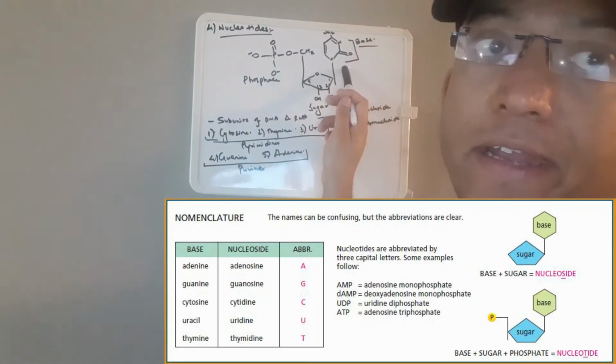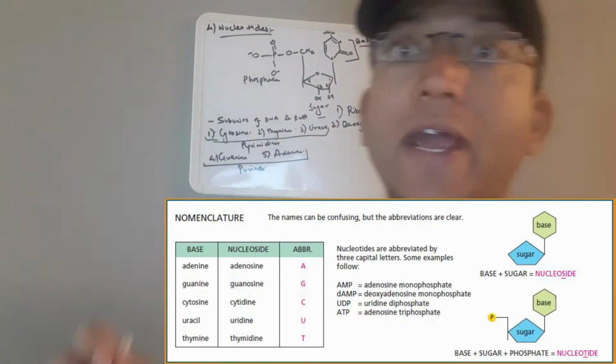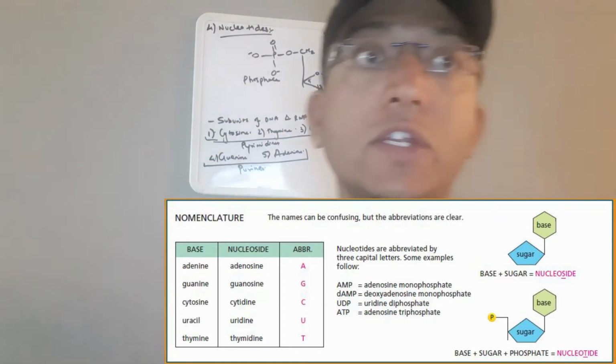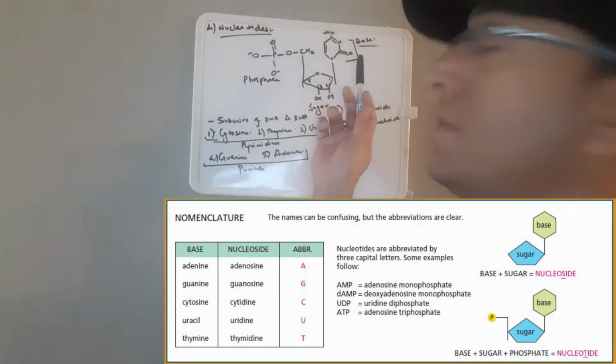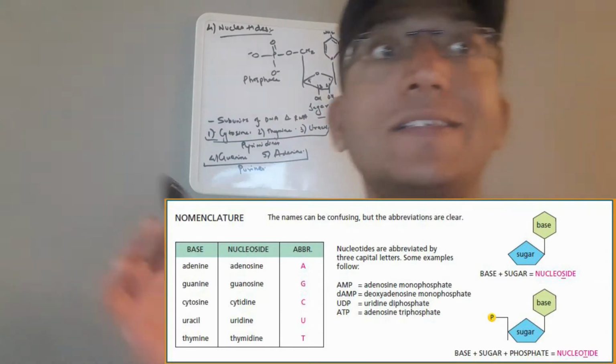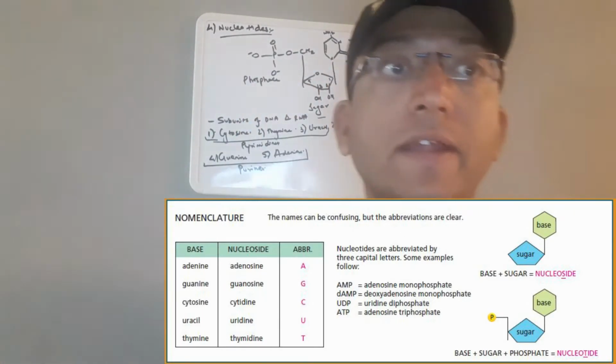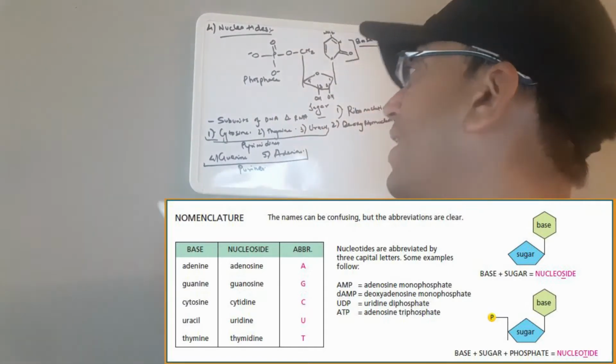Adenine gives the nucleoside adenosine. Guanine, the nucleoside is guanosine. Cytosine, the nucleoside is cytidine. Uracil gives uridine, and thymine gives thymidine.